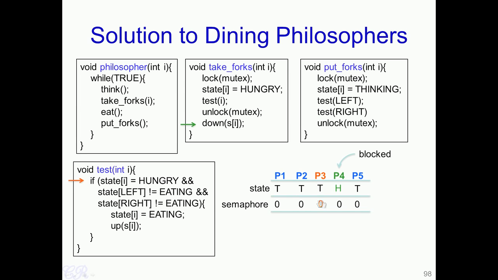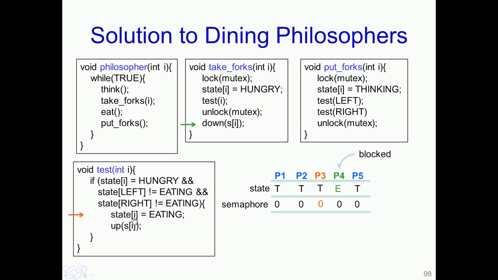Remember that test of right is invoked with i having the value of 4. Thus, we see that the state of i is hungry because P4 is hungry, and the left and the right are not eating. Therefore, this condition will be true and execution comes into this if.